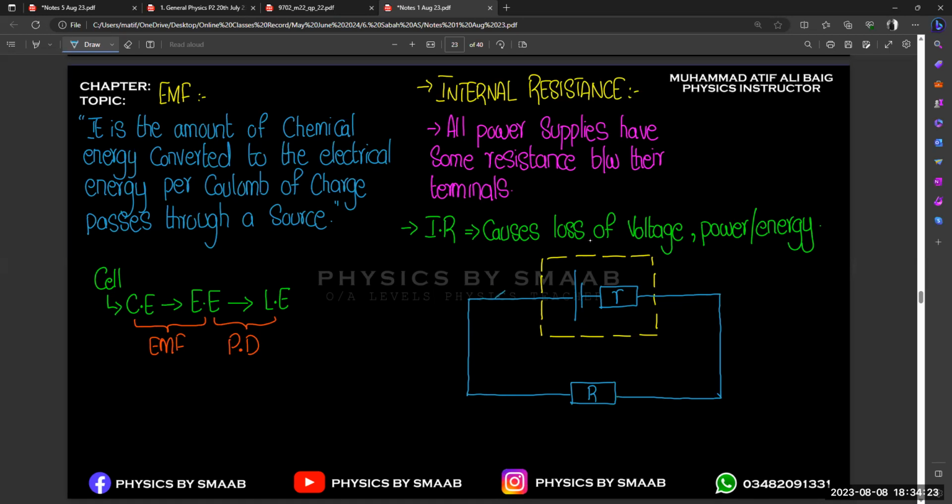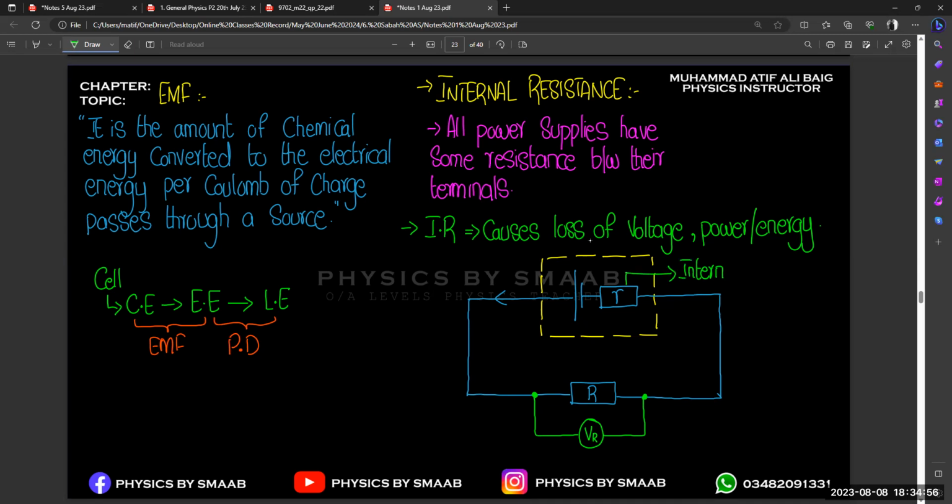This is the circuit diagram, and we can easily measure the voltage from this side. So this is how we can identify the internal resistance. This is our internal resistance.